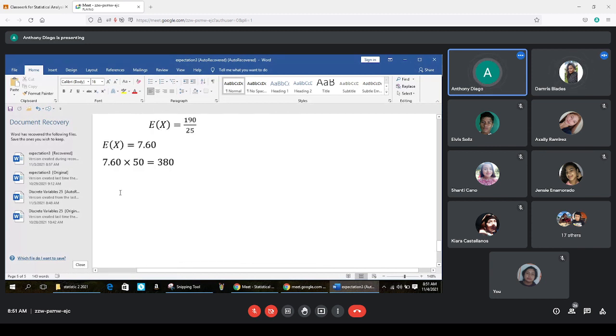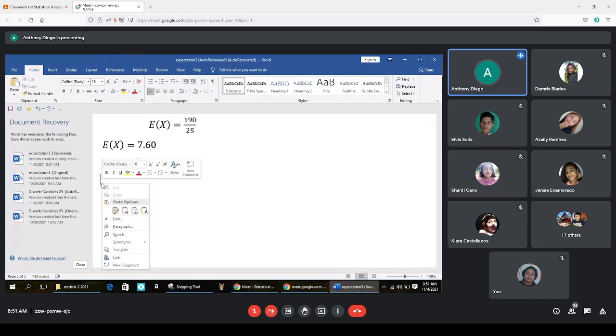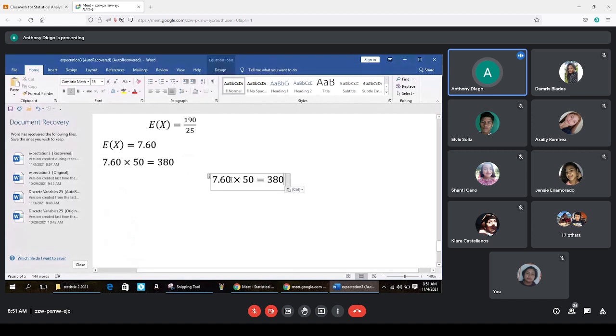So this is the original that he would have paid. So that would be 10 pence times 50, which will give me 500.